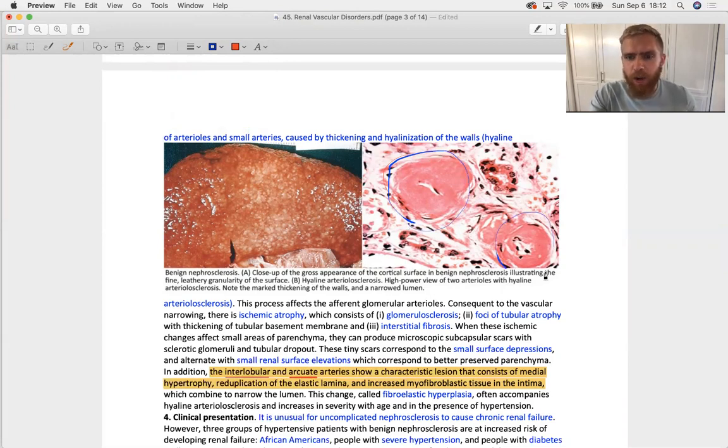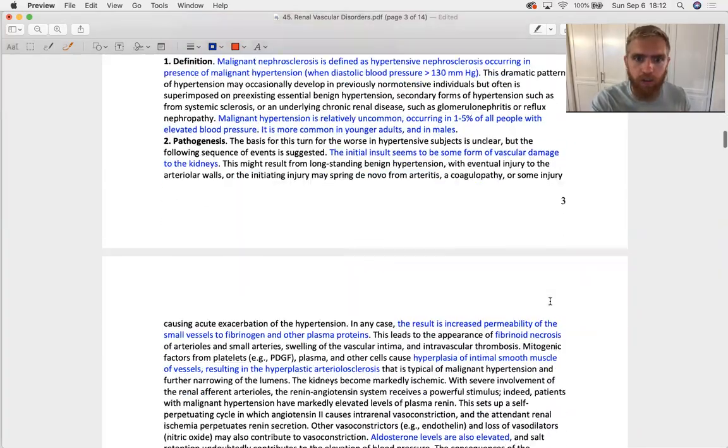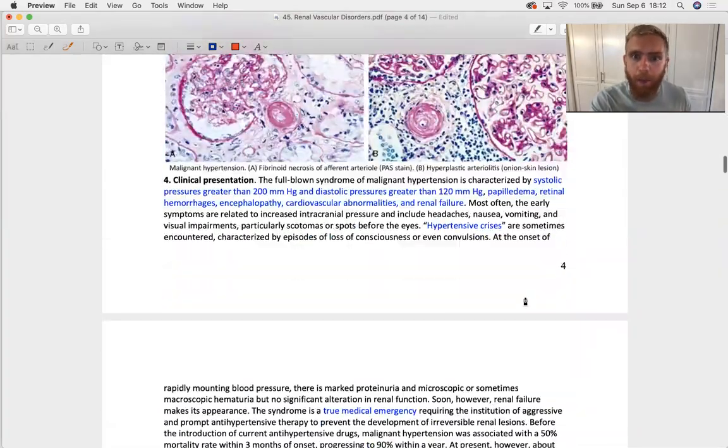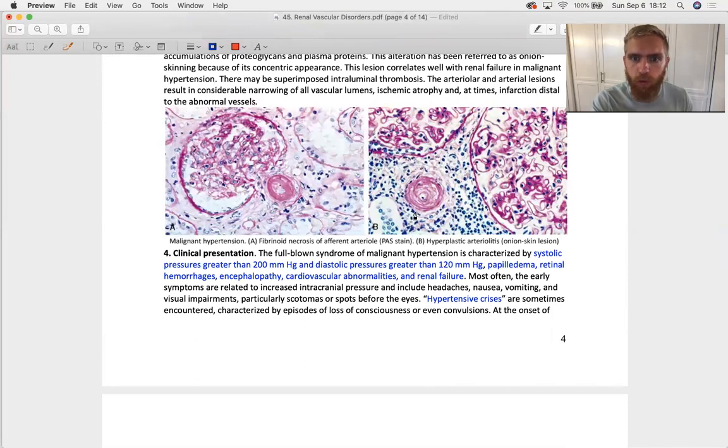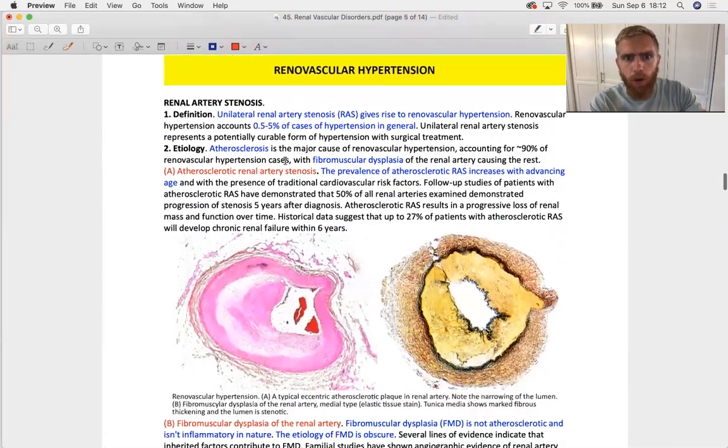And so the hyaline arteriolosclerosis is going to be just chronic, subpresentational, subsymptomatic hypertension. And then once you start seeing symptoms, you're going to get hyperplastic arteriolosclerosis, which has this onion skinning appearance to it. You've seen that before.